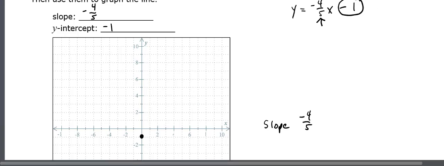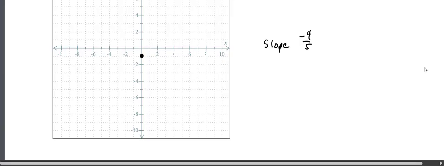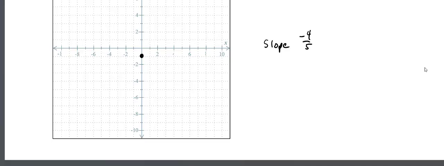So from our y-intercept, our change in the rise is -4, so we're going to go down 4. And the change in the run is +5. Then we go to the right 5. Okay. Next, we just connect these 2 points with our line.